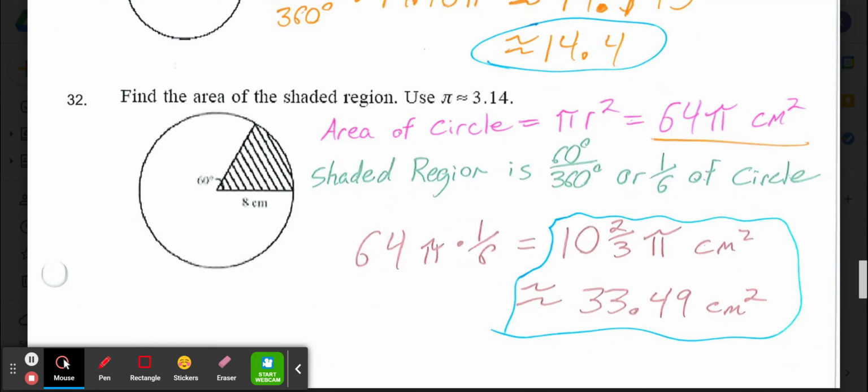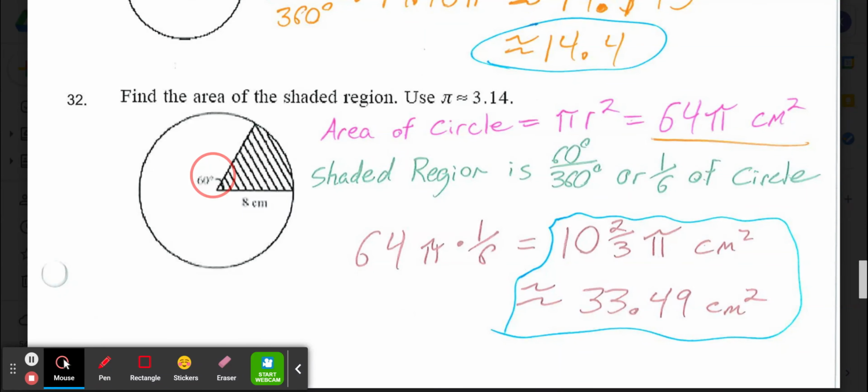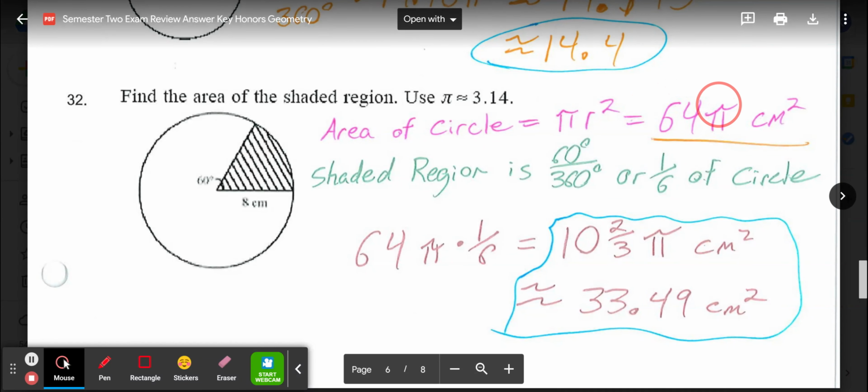Now, in 32, they tell us to use 3.14 for pi, and we're finding the area of the shaded region with a 60-degree angle measure, and the radius of the circle is 8. So first we want to find the area of the circle, pi times radius squared, or 64 pi.